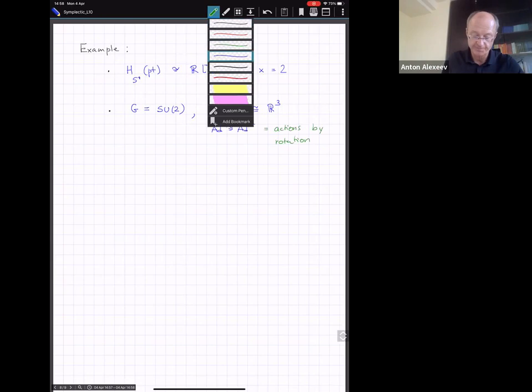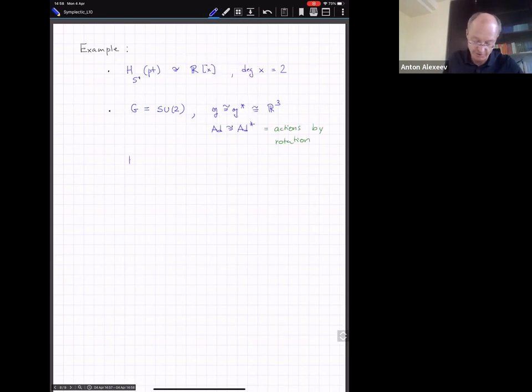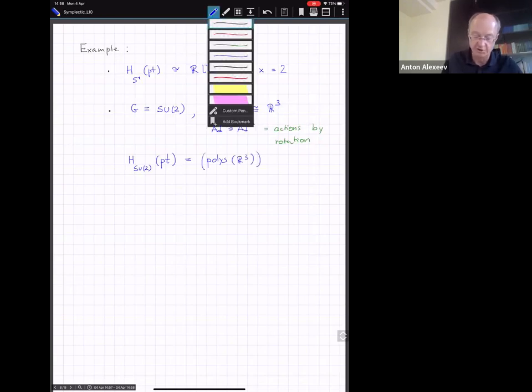So according to Cartan's theory, H_{SU2} of a point. So what is it, right? So these are polynomials on R^3, which are rotation invariant.